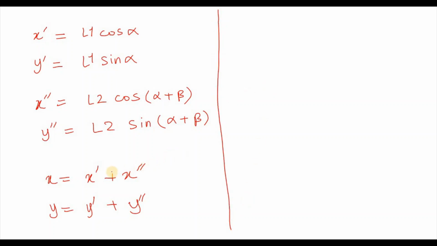So put the values of x dash and x double dash. X is equal to L1 cos alpha plus L2 cos alpha plus beta.